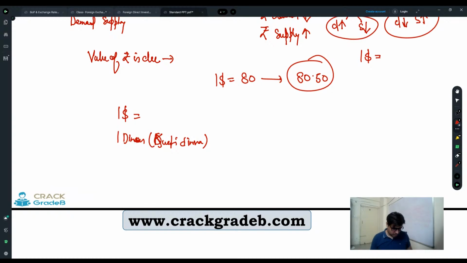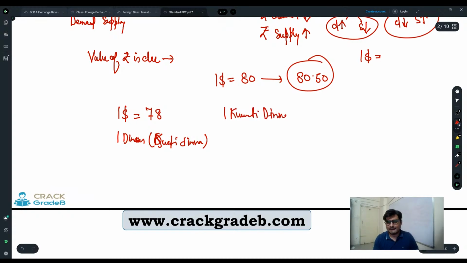One dinar is 251.4. $1 is somewhere around 78 rupees, but one Kuwaiti dinar is equal to 250 rupees.